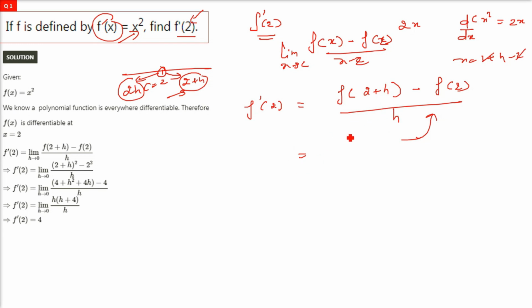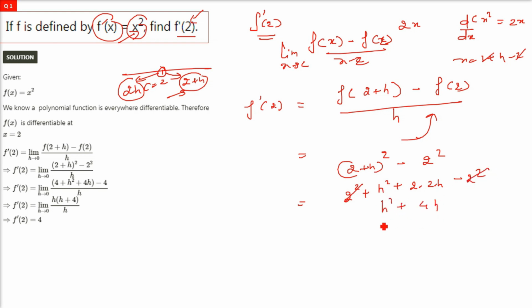So now we have f(2 plus h) minus f(2) by h. In place of x, just change it to 2 plus h. So (2 plus h) whole square minus f(2), that is 2 square. And the denominator I will just write later. And (2 plus h) whole square is (a plus b) whole square, a square plus b square plus 2ab. Then we have this minus 2 square, which is 4 only. So we can just cancel these two. h square plus 4h, you can take h common from here.